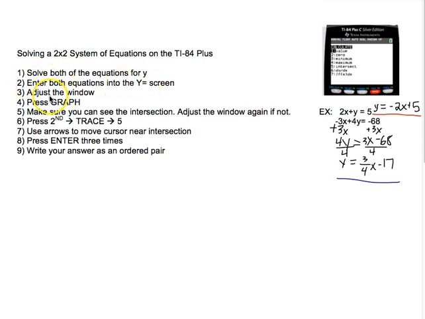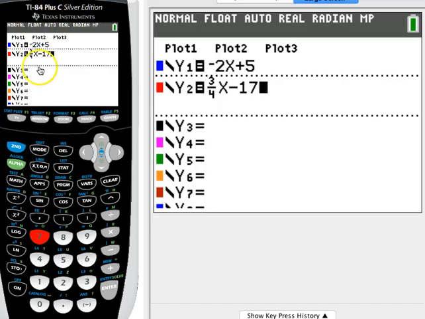Then I'm going to adjust the window. When I look at both of these equations, this has a y-intercept of negative 17. This has a y-intercept of positive 5. Not that I always need to be able to see the y-intercepts, but from initial thoughts, I would think that I would need to go up to at least 5 on the y-axis and down to at least negative 17.